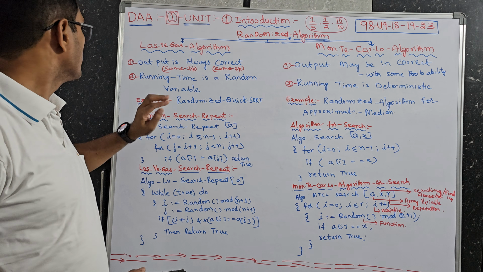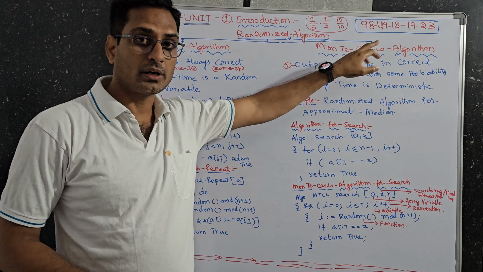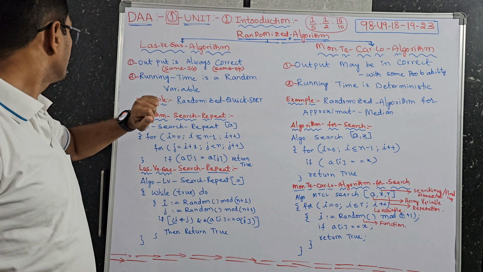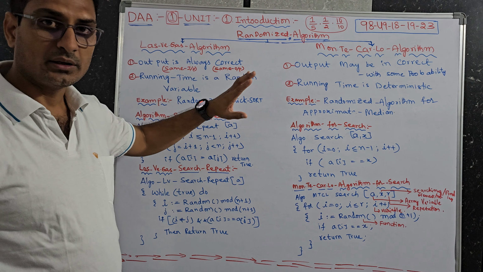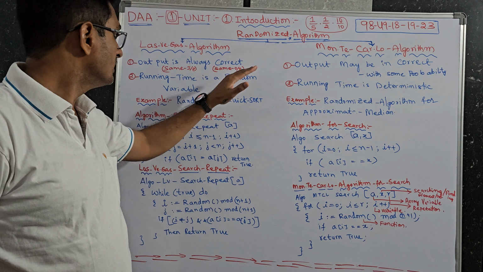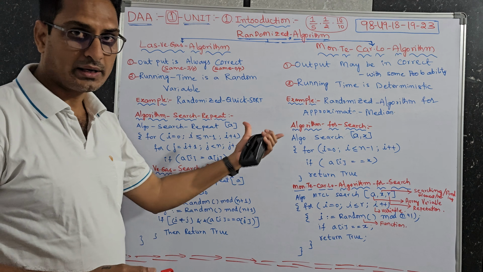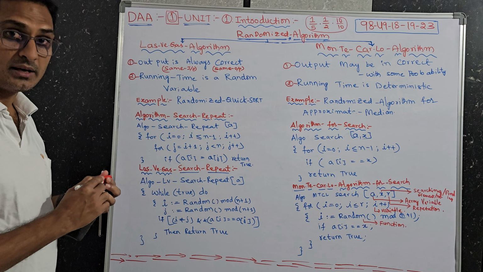Here I wrote Las Vegas algorithm on the left side, and here I wrote Monte Carlo algorithm. Here the output is always correct, always the same. If you give the same inputs, we will get the same outputs every time. Take a screenshot, I will explain all the code.